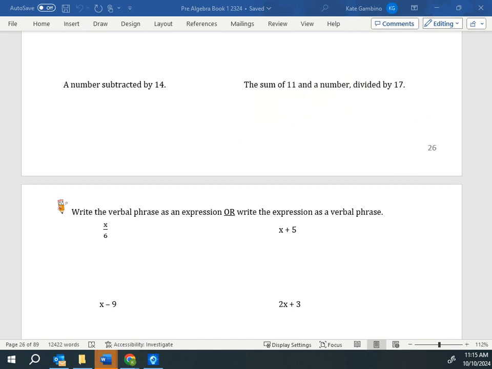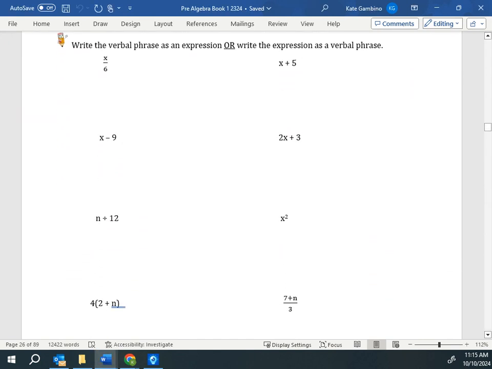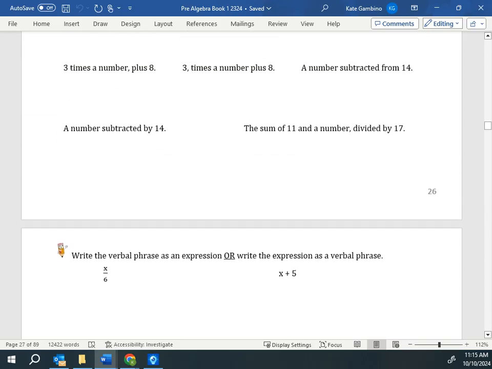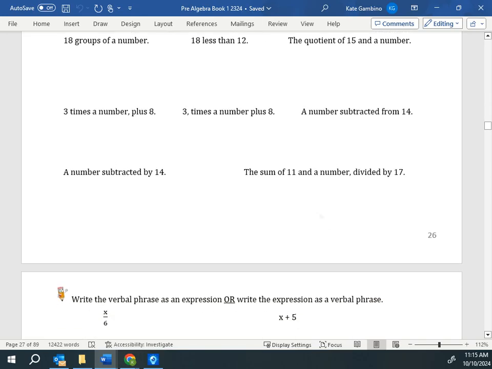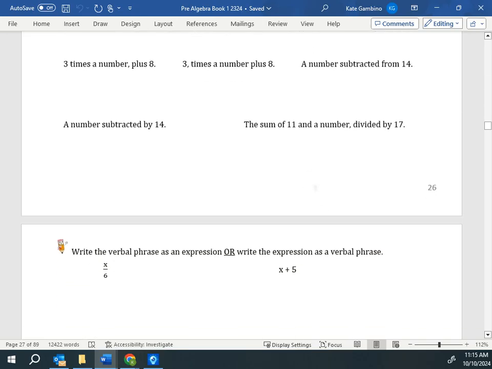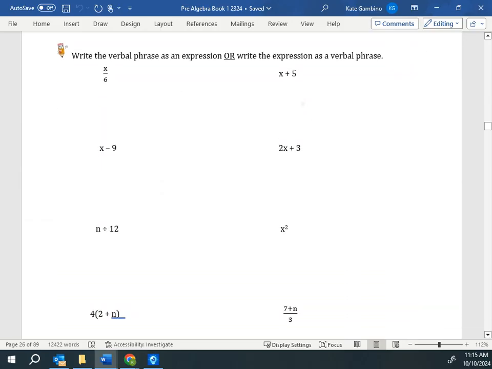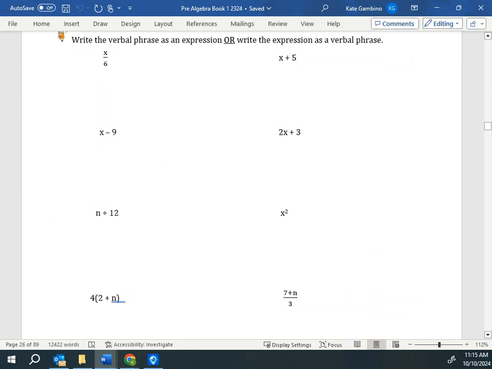So if we look at the second page, write the verbal phrase as an expression or write the expression as a verbal phrase. On that front, it was all verbal phrases that we were writing our expressions with. Back here, now we have to write it as a verbal phrase. So if I have the x and that fraction bar and a 6, what is that telling me to do? Christina, you put your hand up, do you want to take a shot at it?